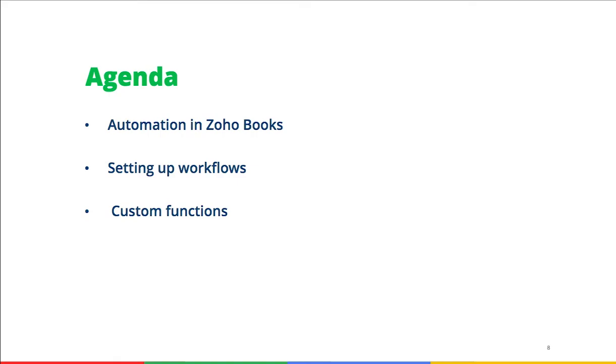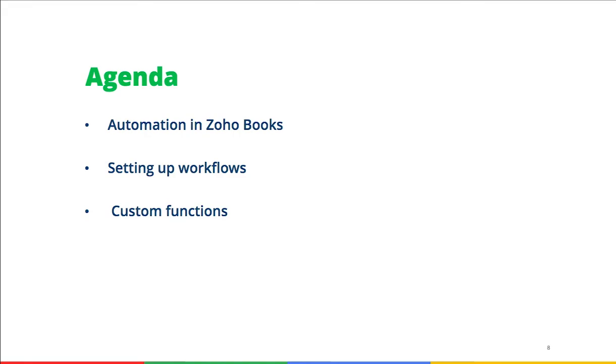With that, I'm going to go into the agenda for today. I'm going to start off with an introduction to automation and what exactly it means, what we have been doing over the years within Zoho Books, and then specifically talk about the automation module within the product. And then I'm going to spend some time on workflows. This would be at the core of whatever we are talking about today. I'll talk about what a workflow means and how to set up a specific workflow in Zoho Books, and what are the different actions that are triggered by the workflows.